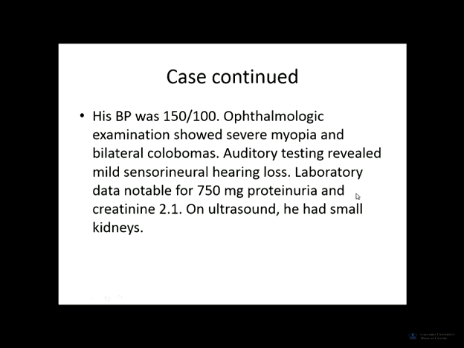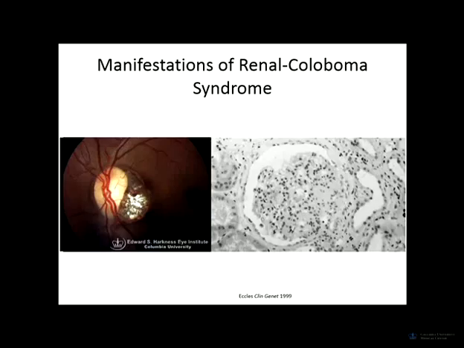So he has visual impairment, he has hearing problems, he has protein in the urine, and with a creatinine of 2.1, he has significant chronic kidney disease. On ultrasound, the presence of small kidneys shows that this kidney disease has probably been ongoing for some time. This is an example of an optic nerve coloboma.